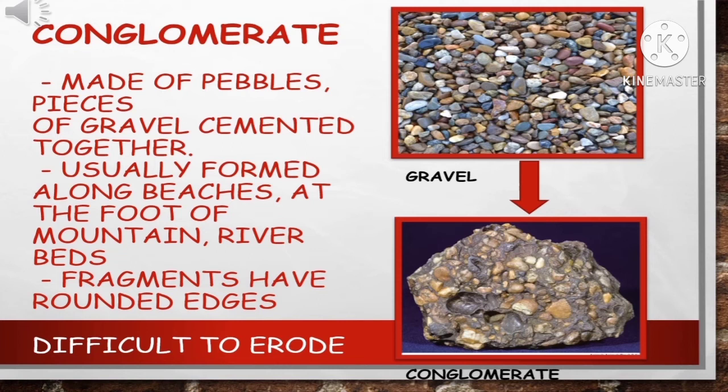So it will become conglomerate rock after the lithification processes. Ang mapapansin nyo dito, the gravel has rounded edges. Yung hindi patusok yung mga edge niya kundi rounded. And it is difficult to erode.